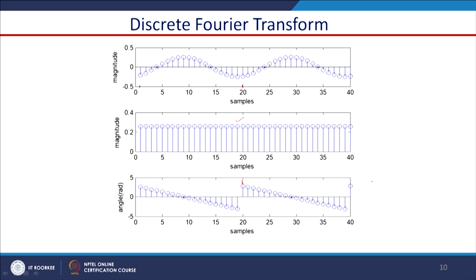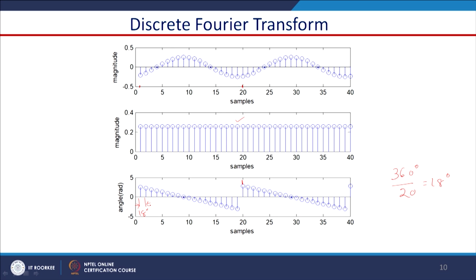If you calculate the angle between two samples, it will be 18 degrees, because we have 20 samples and the angle is 360 degrees, so 360 divided by 20 is 18 degrees.